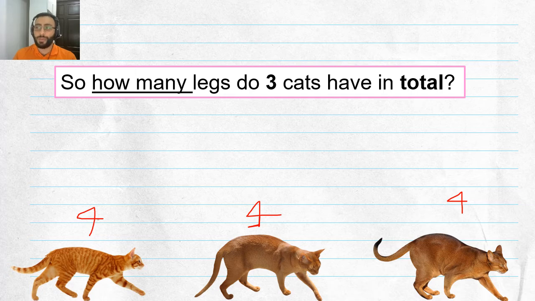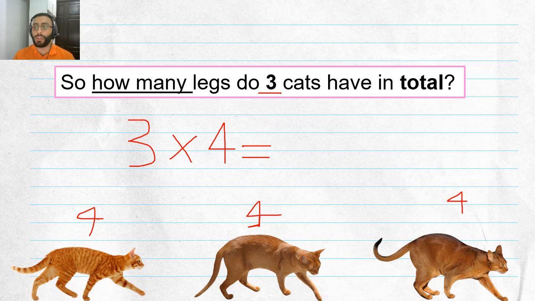So to do this, let's see. How many cats do we have? 3. So 3 cats. How many legs on each cat? Times 4. So how many legs in total? 3 times 4 equals 12.